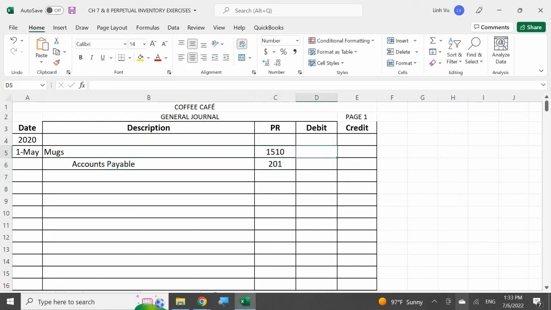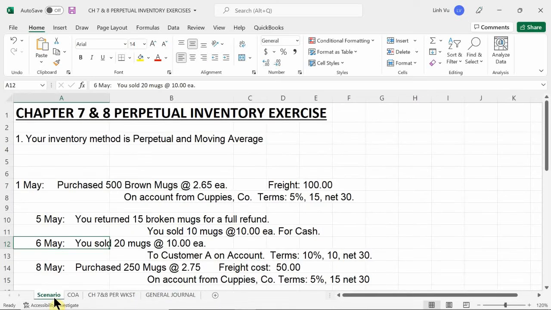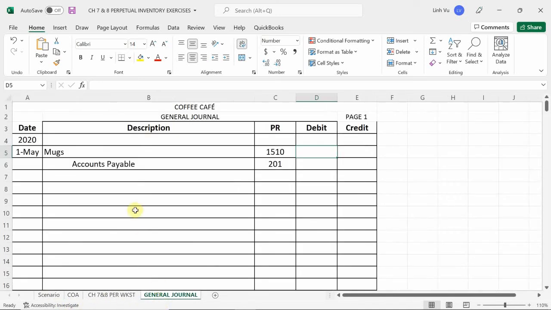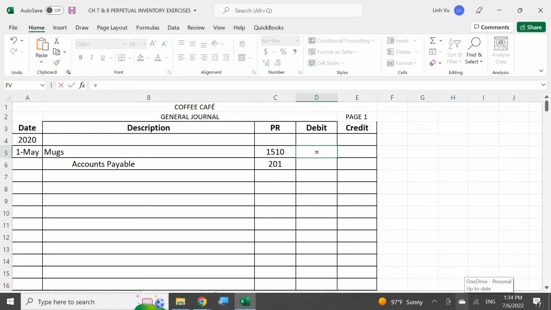Now, if I purchased 500 units, okay, at $2.65 each plus $100 worth of freight, how much is my grand total that I am going to be putting in my journal? 1425. 1425, right?